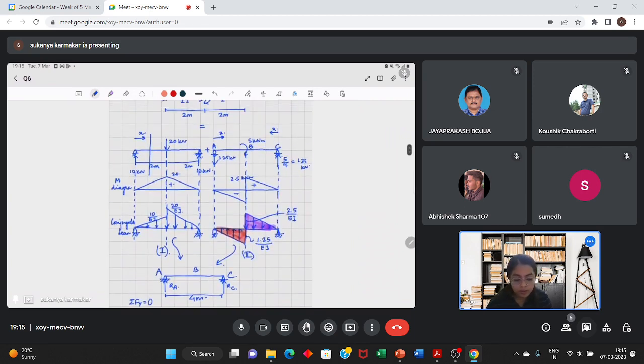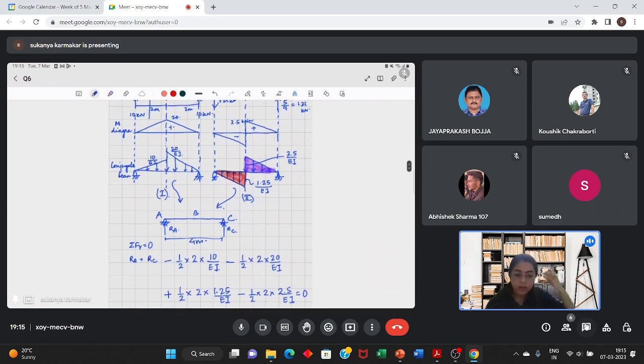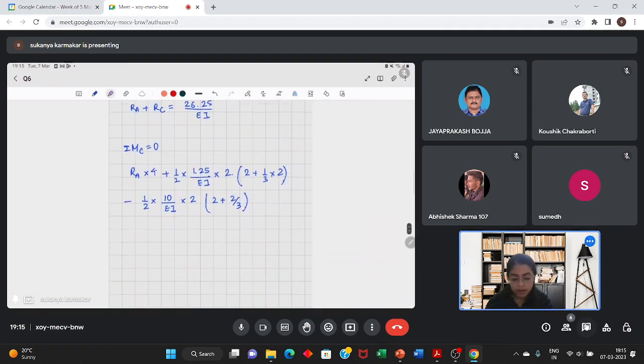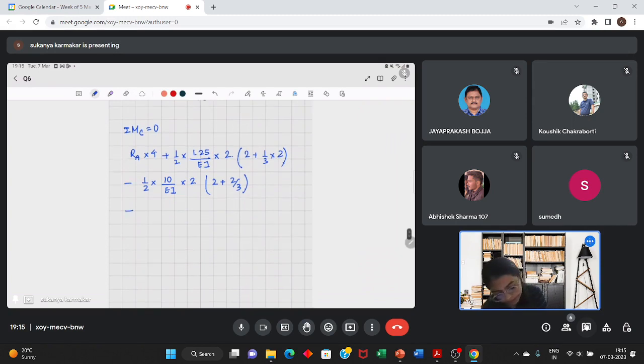Now take this first loading diagram. The load is in the vertically downward direction here as well as here. So about point C, it will create a moment in the anti-clockwise direction, which means both the moments will be of negative sign. Minus half into 20 divided by EI, half base into height into lever arm 2 into 2 by 3.